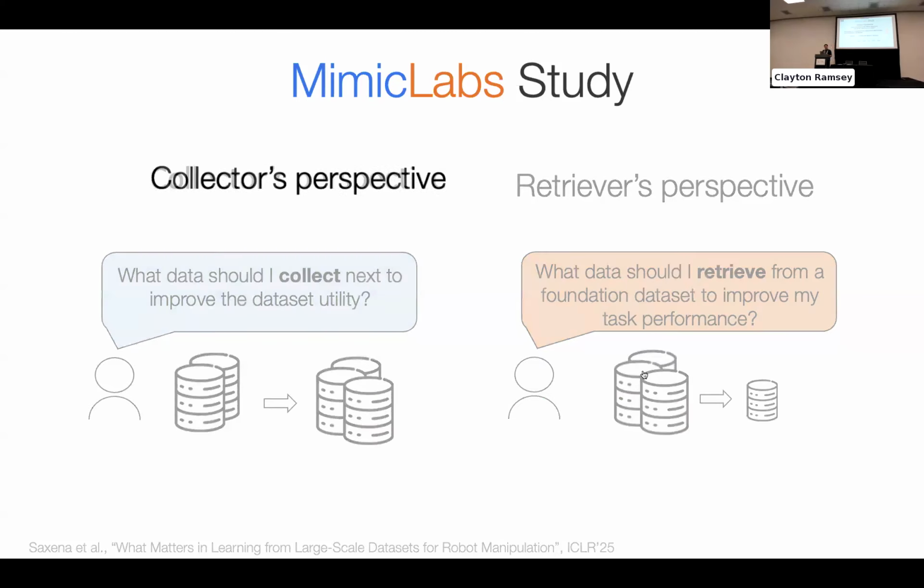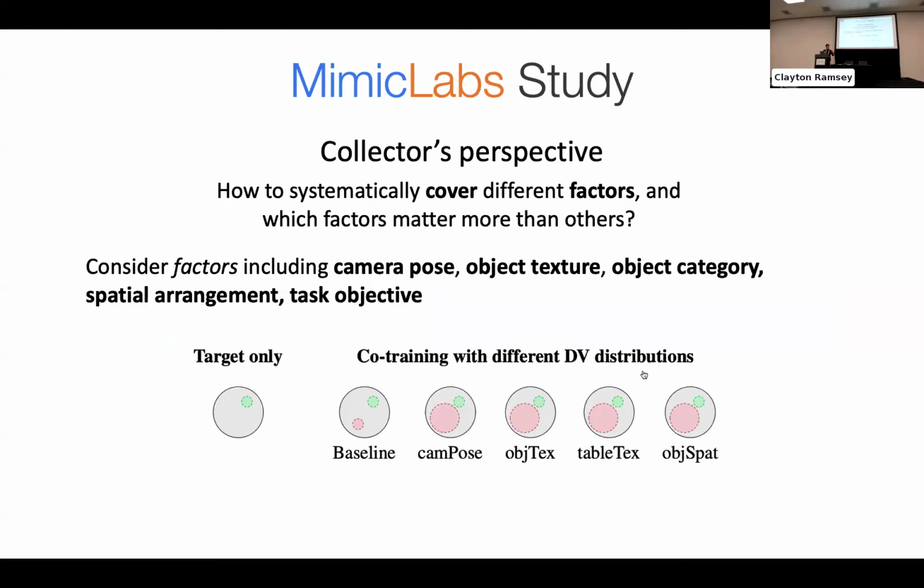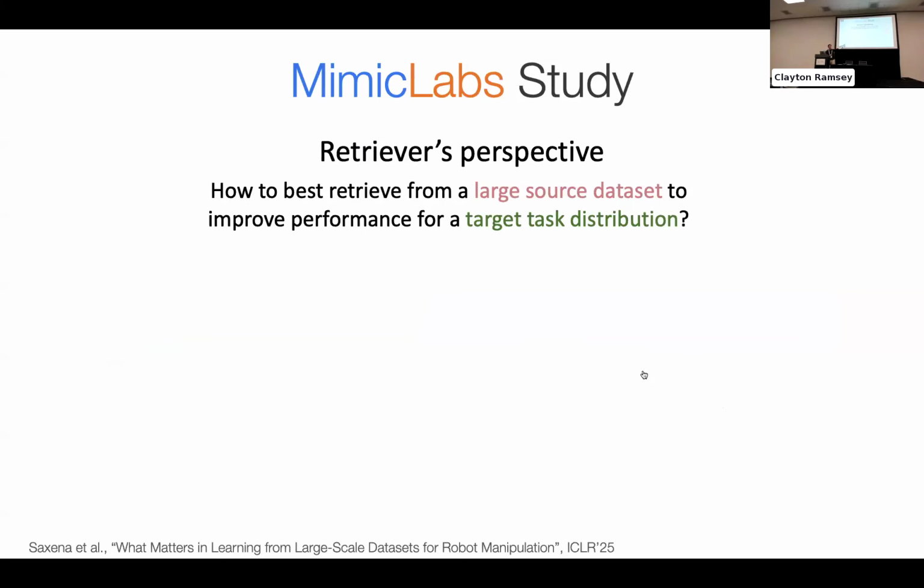I won't get into too much detail on the collector's perspective, because it has very interesting insights, but I will skip that. The more actionable real-world insight is the retriever perspective, where we want to see how best to retrieve from a large source dataset to improve performance for a target task distribution, right?